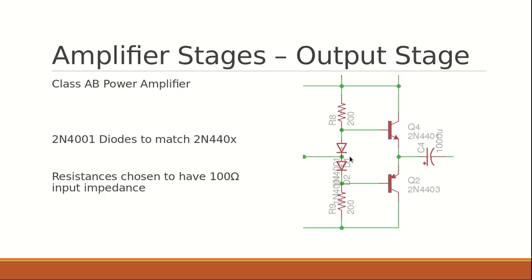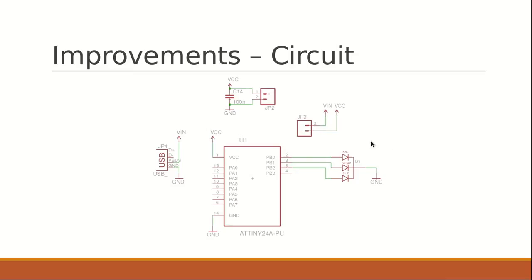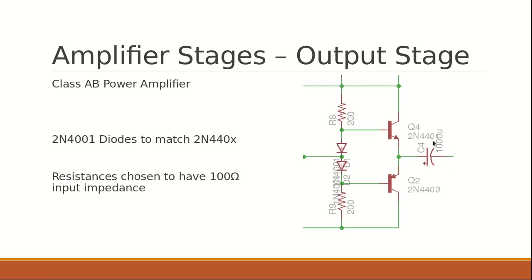So the two diodes match that diode drop in order to remove that crossover distortion, at least to some degree. It would work better if I just used diode-tied transistors that are identical, because that diode drop would be mostly identical. And then there's a final capacitor for the output to the speakers, and that is the output stage.